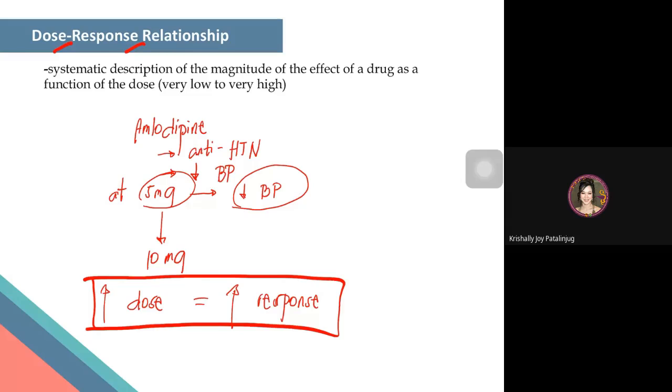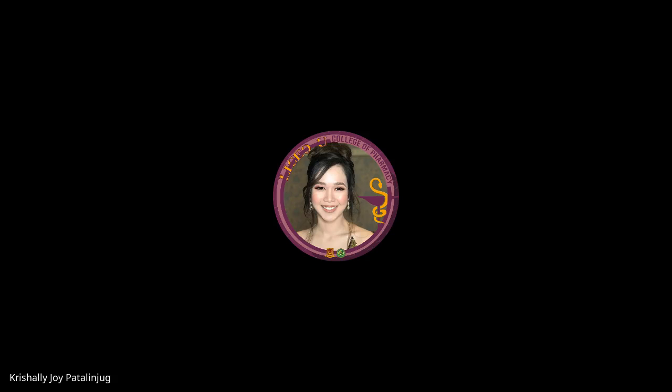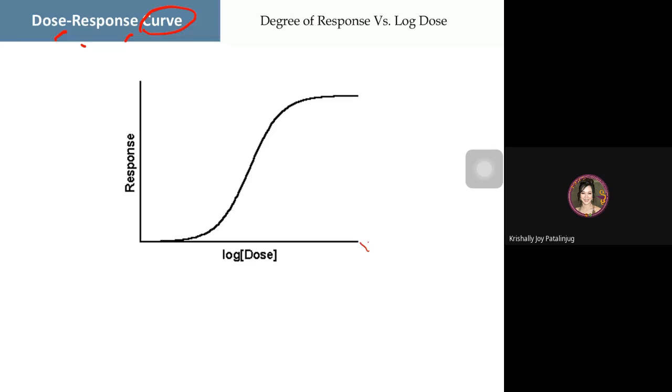And again, the existing relationship of dose to response can be easily illustrated through a systematic graph, which we call a dose response curve. Okay, let's recall this curve and its importance. In this curve, the x-axis plots the dose of the drug, which is usually expressed in a logarithmic scale.